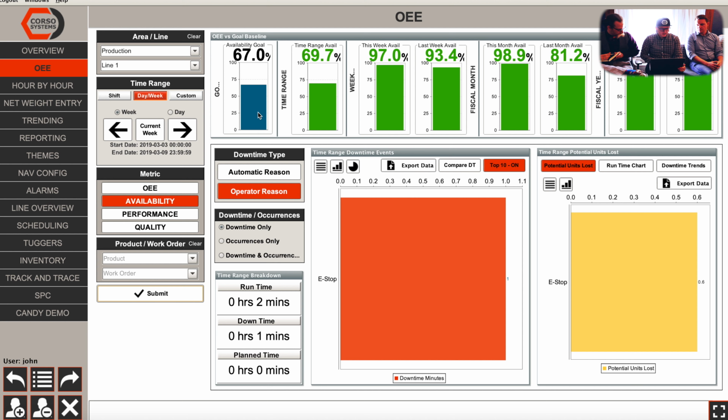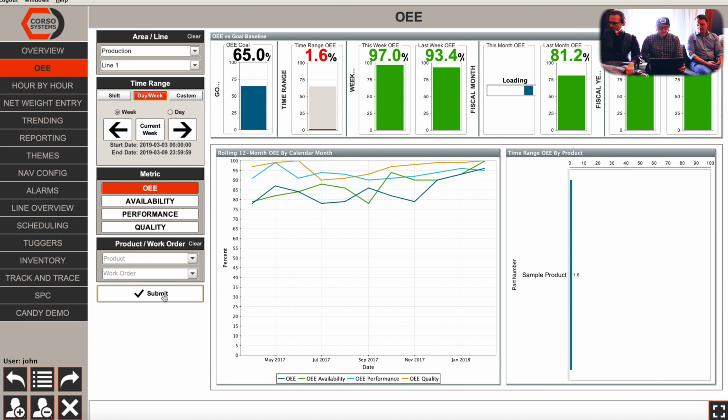So if we're looking at, say, this OEE window, we're looking at production line 1 in our demo server. We're looking at just a portion of time, which is the current week, and we see that this particular client had an OEE goal. They had it at 65, which, these are all fake numbers, but ultimately anybody's going to set a goal for their OEE.